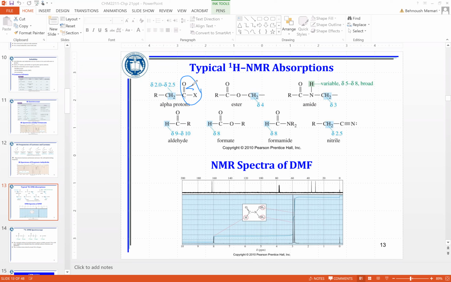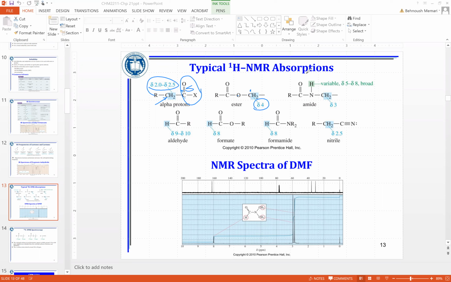The more positive this carbon is, the more deshielding is going to happen on the adjacent carbon, and it's going to shift to a higher number. For ester, the carbon attached to the oxygen single bond, because it's a direct effect, this oxygen is on the same carbon that has the hydrogen, it's going to be between 3.5 and 4.5.